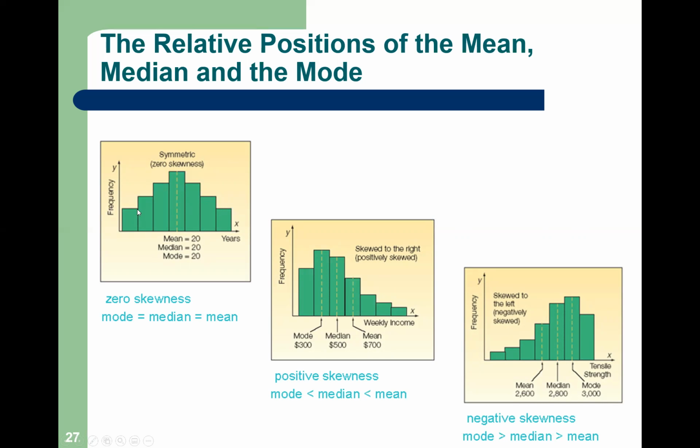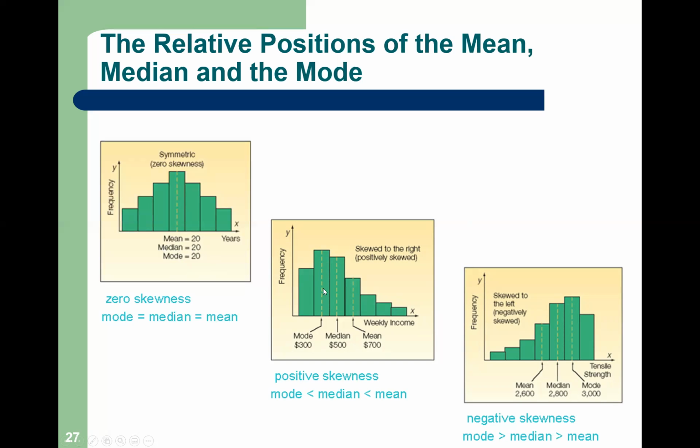The right and left sides are equal. The number of values lower than the mean would equal the number of values greater than the mean, and the same holds for the median and the mode. In all three central tendency measures, the values on the right and left sides would be equal.